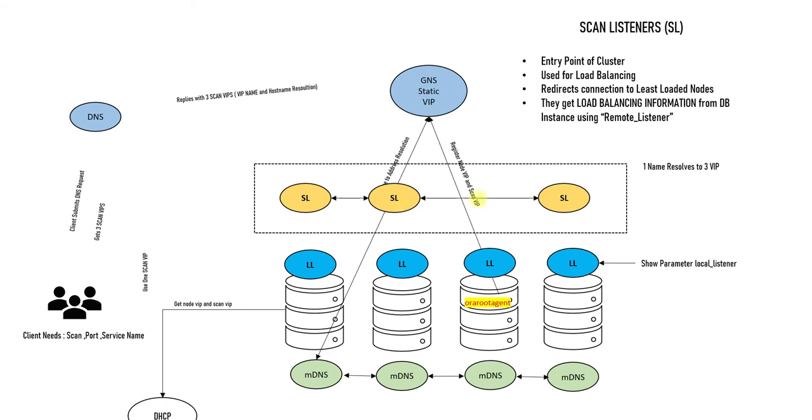So let's see how it happens. The client here is sitting, providing every piece of information in the tnsnames.ora file. The client is submitting the DNS request, requesting the scan: please let me connect to this specific scan name, including the port and the service name, whatever configuration they have mentioned.